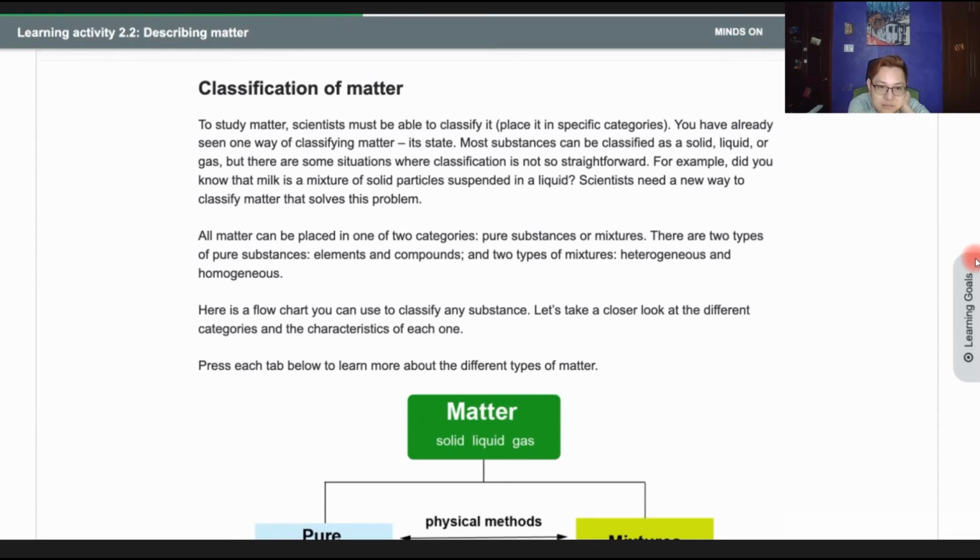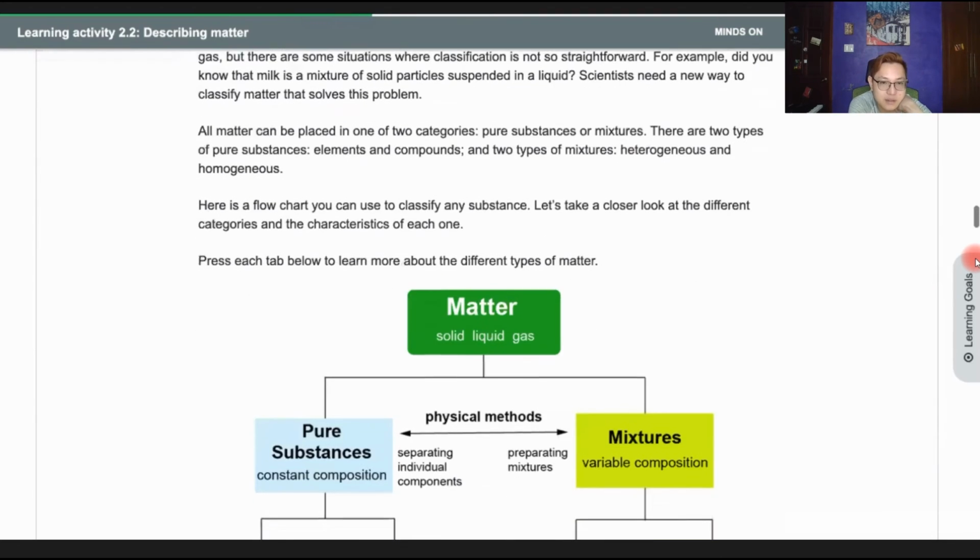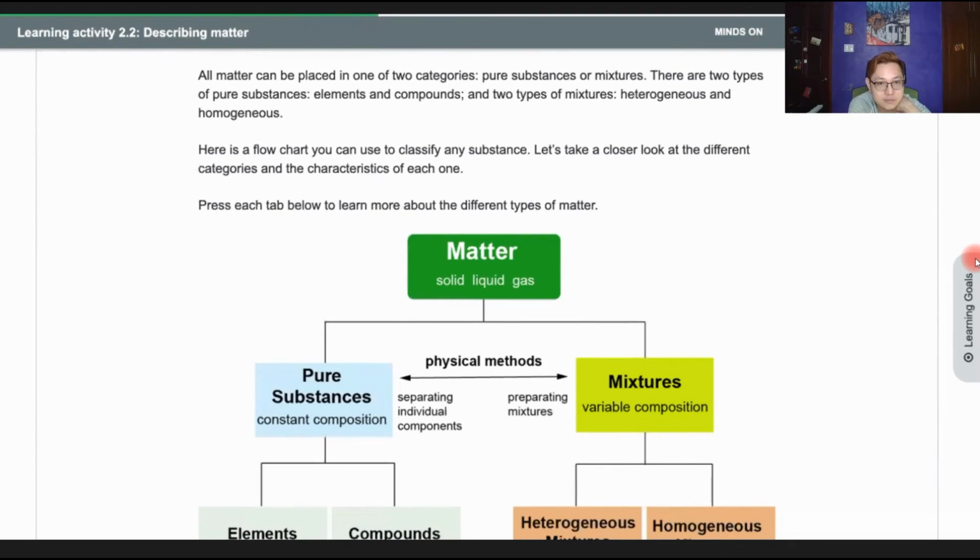There are two types of substance: element and compound, and two types of mixture, heterogeneous and homogeneous. Here is a flow chart you can use to classify any substance. Take a closer look at the different categories and the characteristics of each one.